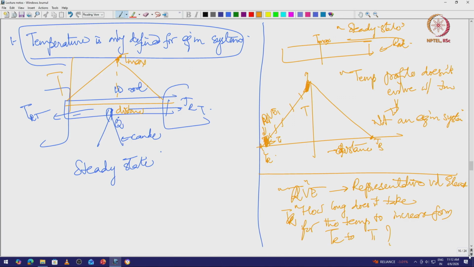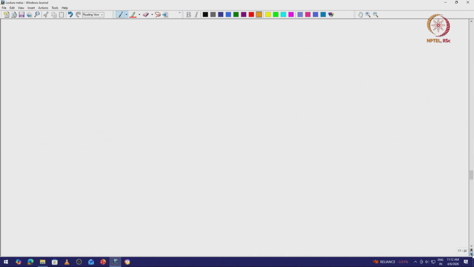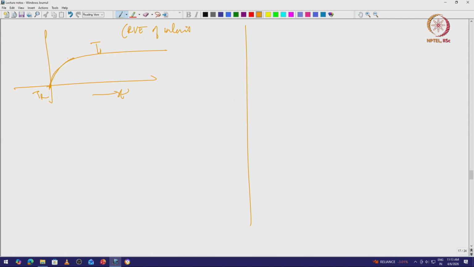This is also solvable, right. You can solve it using heat capacity, heat conductance and other things, but there is a profile, right. So, at the RVE of interest, its temperature starts at TR as a function of time. If I look at the transients, it is going to go to T1 within a transient of some time, right.